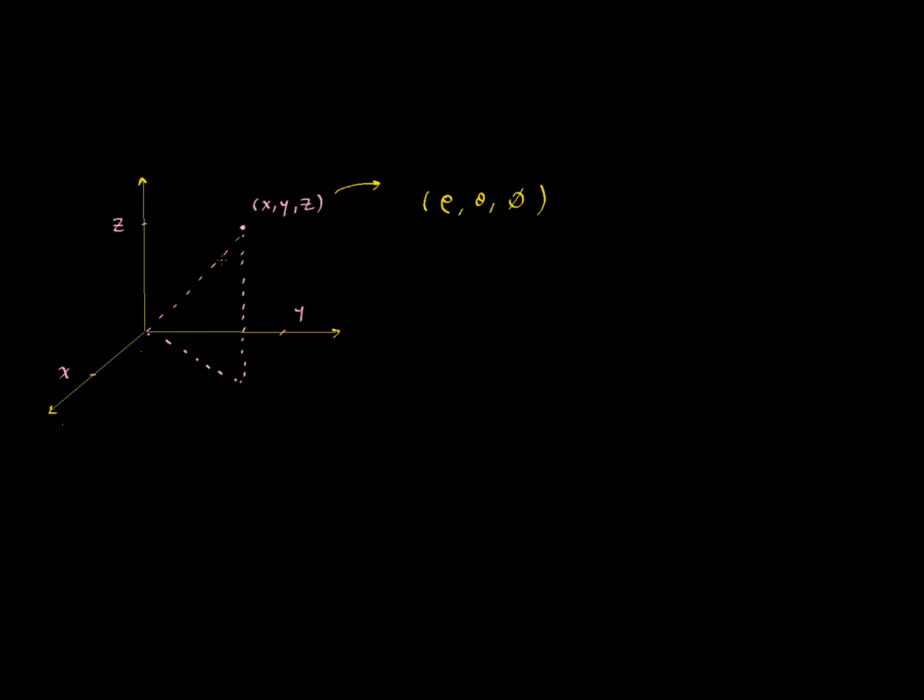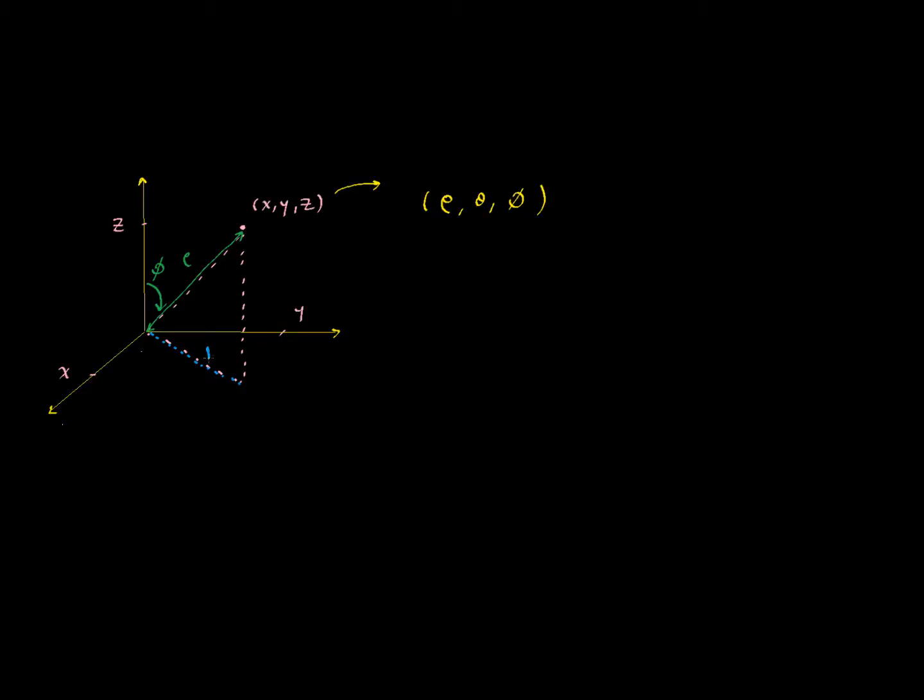So we can say that this point is at a distance rho from the origin. So the distance from the origin to the point is called rho. We say that the angle between the positive z-axis and this radius rho is phi. And if we find the projection of rho on the xy plane, it's going to be this line over here.